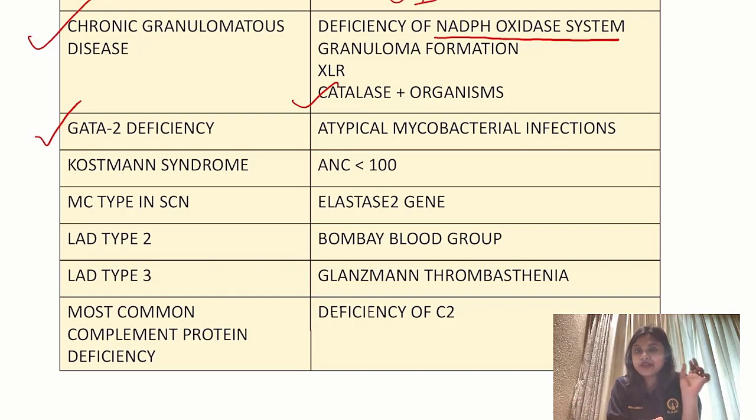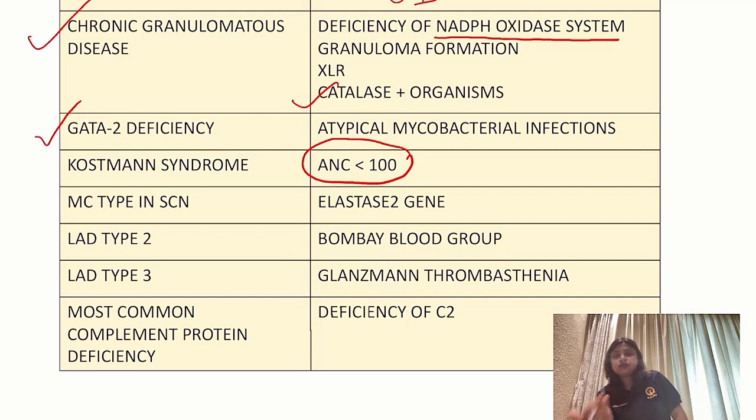So neutropenia found in Kostmann syndrome is true, and the neutropenia is profound because the absolute neutrophil count is less than 100. Most common type in SCN, okay, that is ELANE gene, elastase 2 gene.